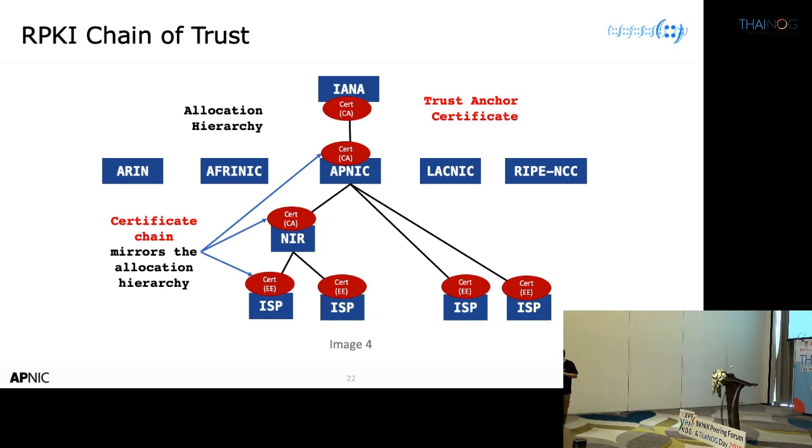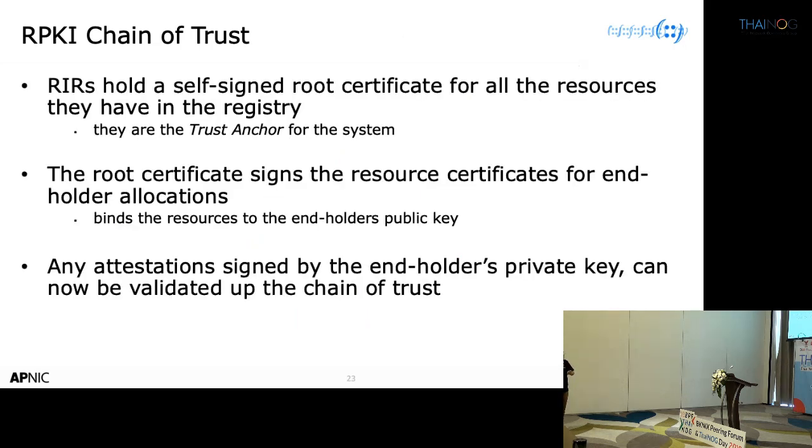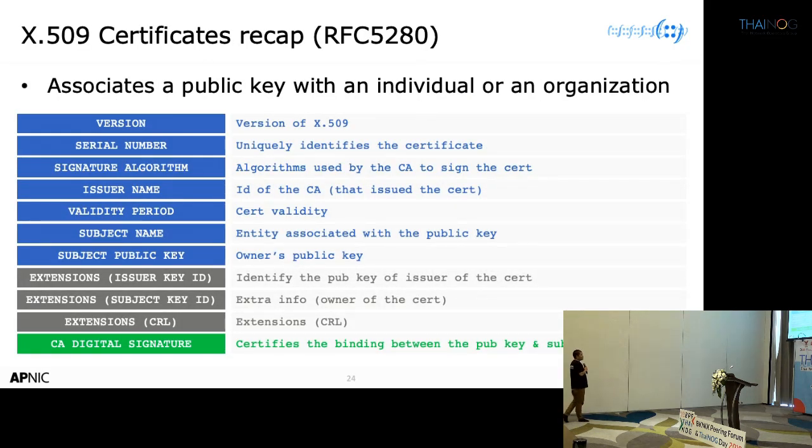So if I'm a RIR, whenever I delegate a resource to someone, let's say I'm delegating a resource to Anna, I also issue a resource certificate along with that delegation, which proves that, hey, this resource has been delegated to her. That resource certificate is like any digital certificate. It has a public key signed by my private key. Since I am high up in the chain, I sign and say, hey, I have delegated this resource to her. And to prove that, I give her a resource certificate, which has a public key, which is signed by my private key, right? So that's what resource certificates are all about.